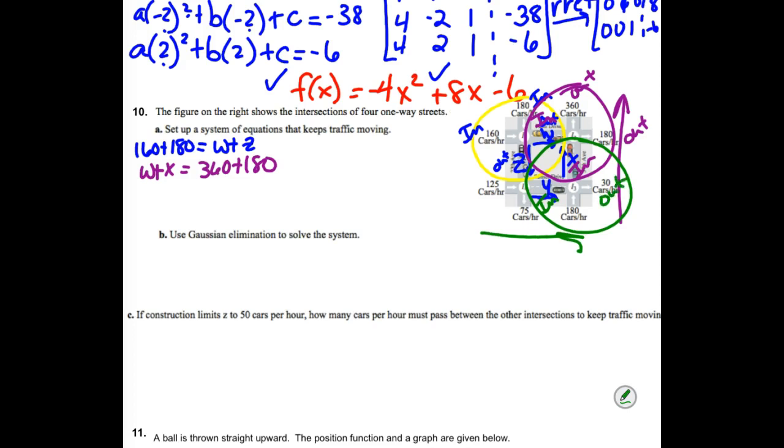For the other street, we're going up, right? So 180 is going in, and in this case, X is coming out. Yes? Okay, so for this intersection, the ins, we have Y plus 180. The coming outs would be X and 30.